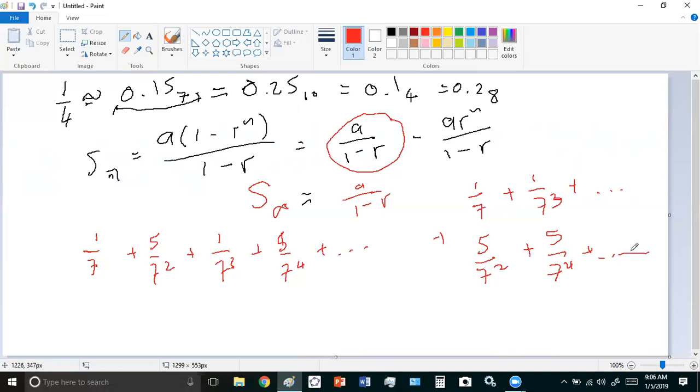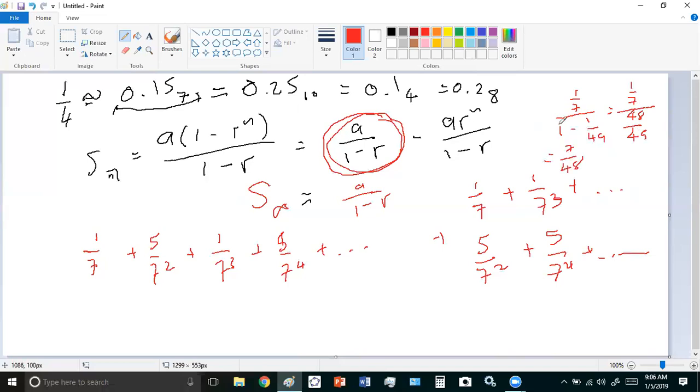Okay, now using this result here, we can say, the limit of the series, not the sum, the limit is going to be 1/7 over 1 minus the common ratio, which is 1 over 49, right? And that will give us 1 over 7 all over 48 over 49, which, by the way, is the same as what? 7 over 48, right?